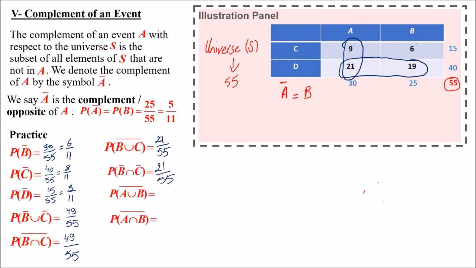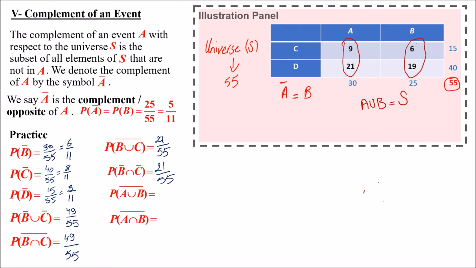Now we have to find the probability of A union B all bar. Look here, this is somehow tricky, but it's very important. A union B. First we go through A union B. This is A and this is B. Their union. Here, if you look here, A union B is equal to the universe S. What completes the universe?